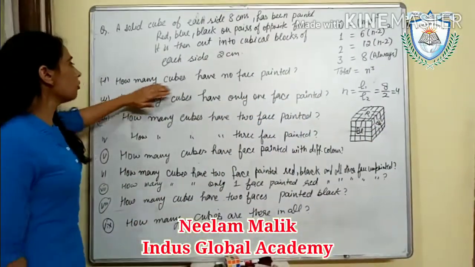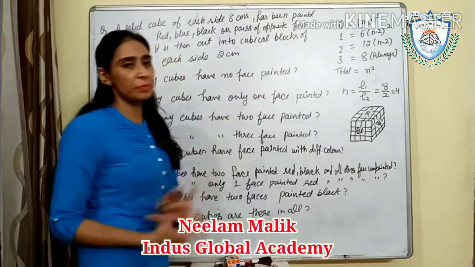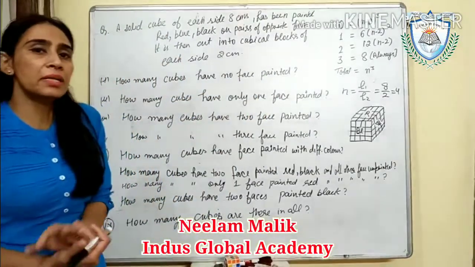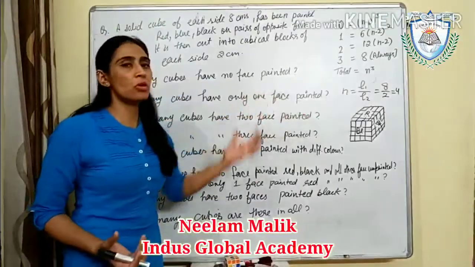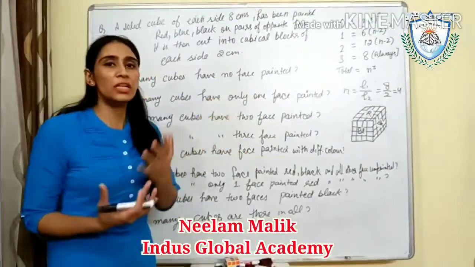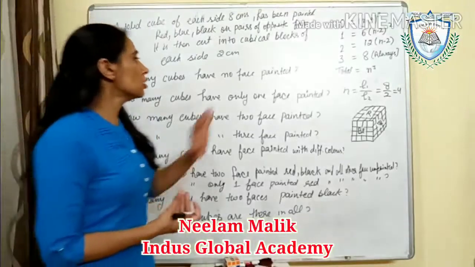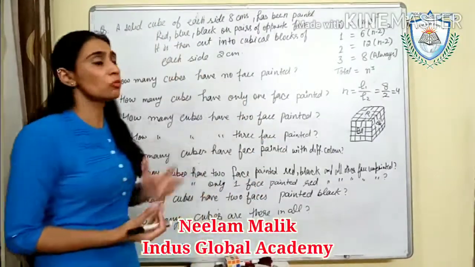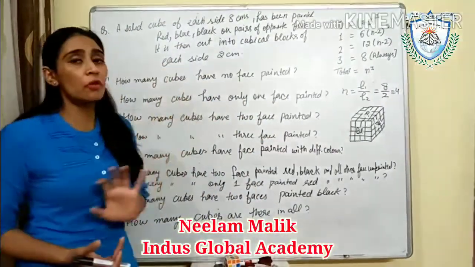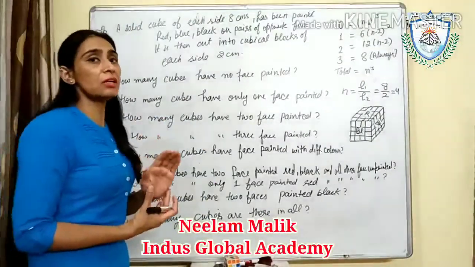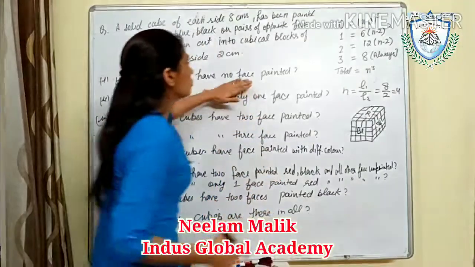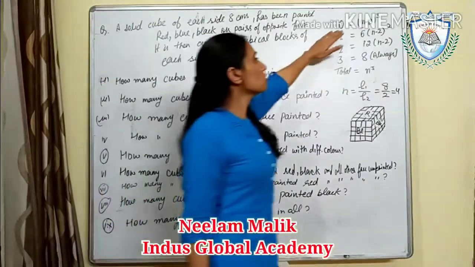First question: how many cubes have no face painted? No face painted means there is no effect of the colors, so our formula will be the same. What is the formula for colorless cubes, the inner central cubes, having zero colors?